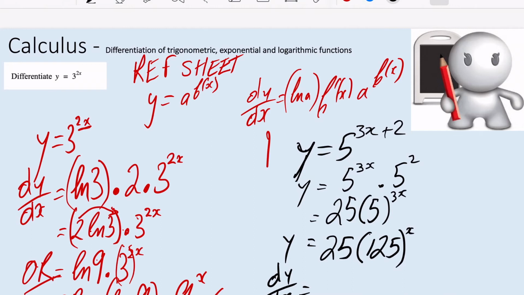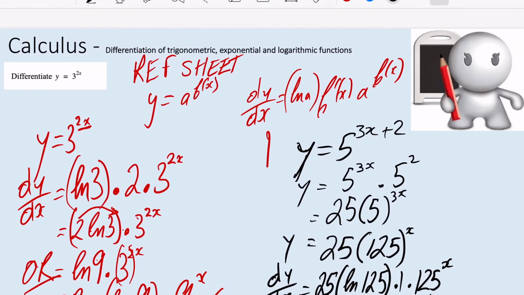So this 25 is a constant, stays, all right? There's no issues there, right? So the log of the numerical base, so it's the log of 125, multiplied by the derivative of the function of x, well in this case it's 1, multiplied by the numerical base 125 to the power of x, so 25 log of 125 multiplied by 125 to the power of x.